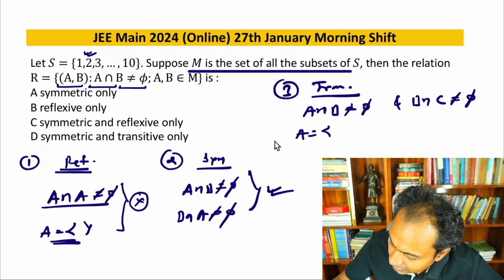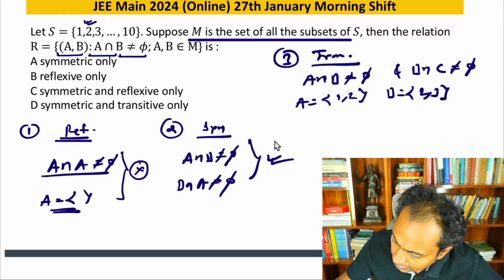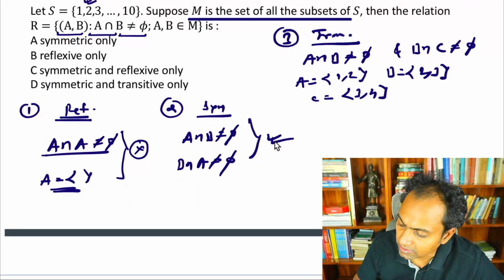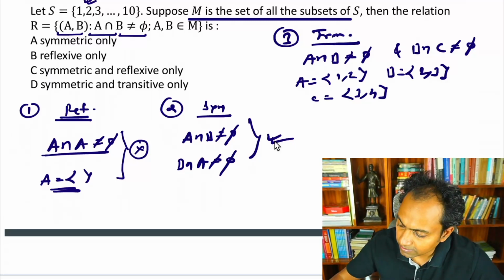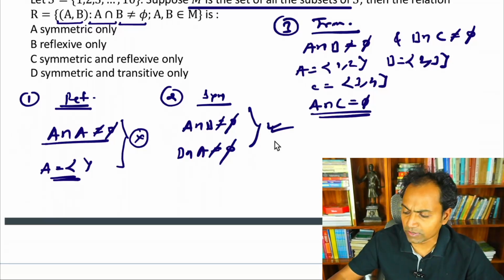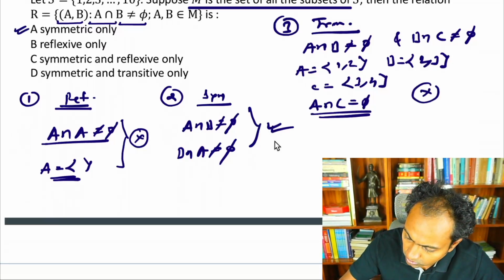If I take A as nothing but 1 and 2, B as nothing but 2 and 3, and C as nothing but 3 and 4, so you can see that despite A and B, and B and C, having non-null intersections, A intersection C is going to be a null set, so this is not getting satisfied, so it is non-transitive. If you check the options, A option comes out to be true.